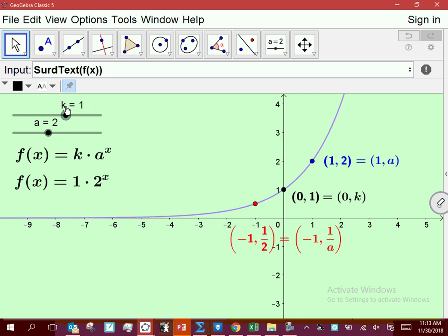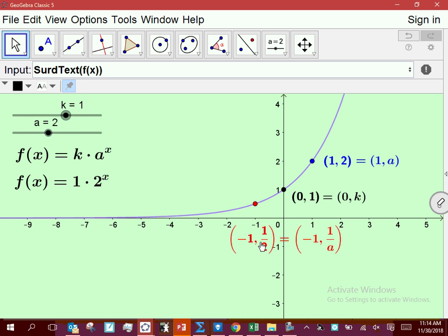So this is the idea: these 3 points are on every single parent function, 2^x, 3^x, 4^x. But instead of remembering them as (1, 2), (0, 1), and (-1, 1/2) for 2^x, and then (1, 3), (0, 1), and (-1, 1/3) for 3^x, can you see what I'm doing there?